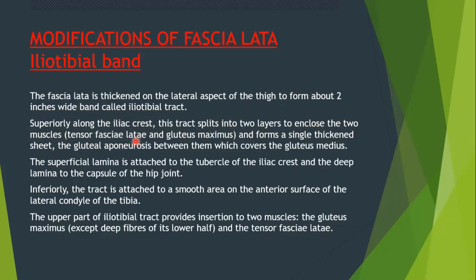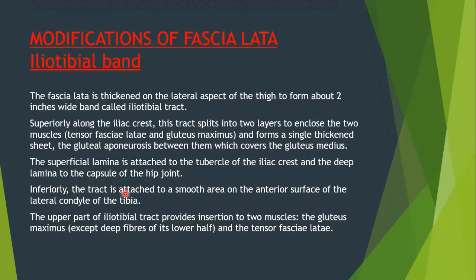Then, in between those muscles is a single thickened sheet known as the gluteal aponeurosis, which covers the gluteus medius muscle. The superficial lamina is attached to the tubercle of the iliac crest, and the deep lamina of this iliotibial band is attached to the capsule of the hip joint.